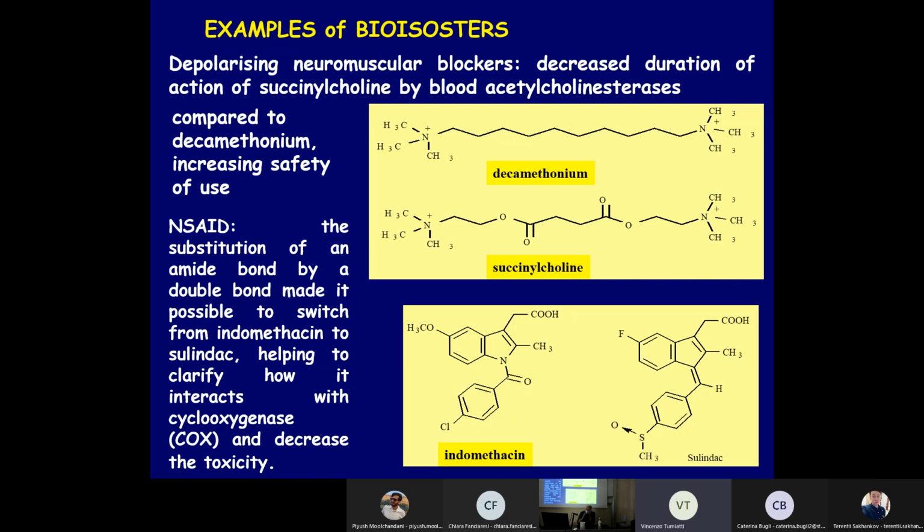So we have seen how we can apply this type of concept to increase the activity and to reduce toxicity of particular molecules. Have you any comments, any suggestions? Do you understand how to apply this type of concept, approach?